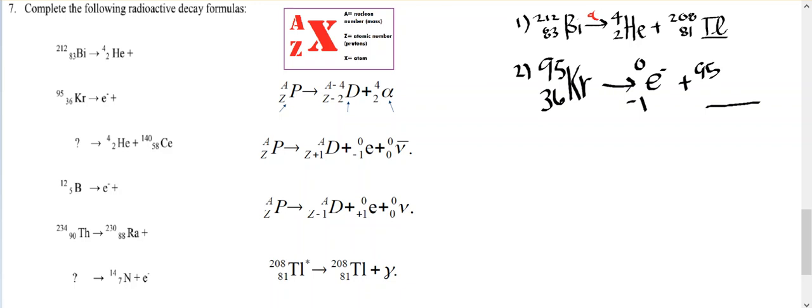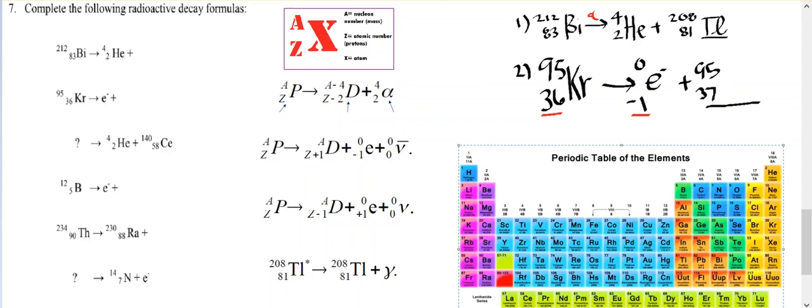However, in the protons, since the 36 protons lost one to the electron, we must add one in the daughter element to conserve. So we will get 37. And when we look at our periodic table again, we find that element 37 is Rb, which is rubidium.